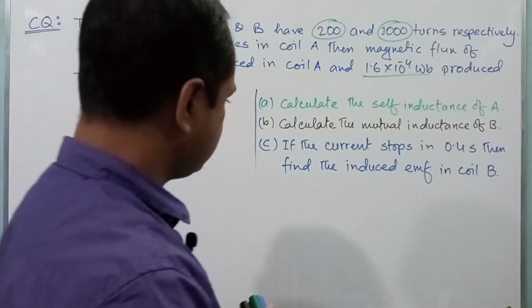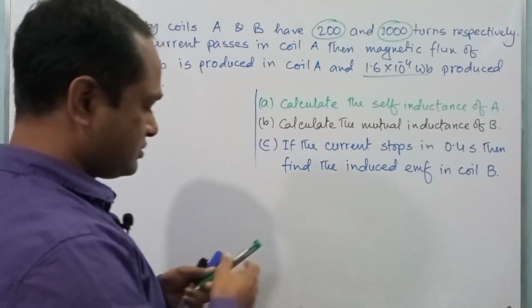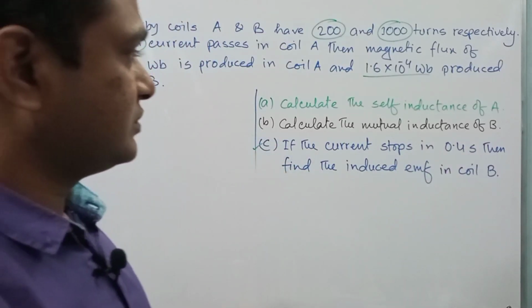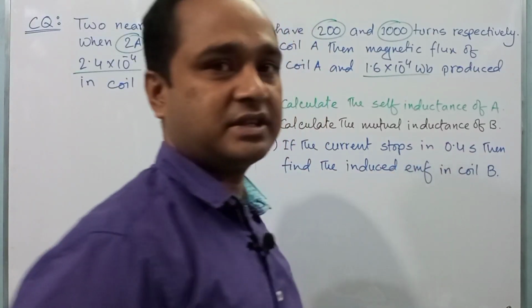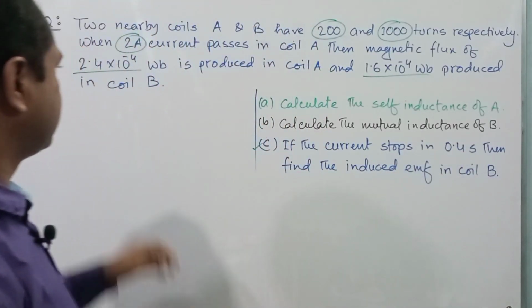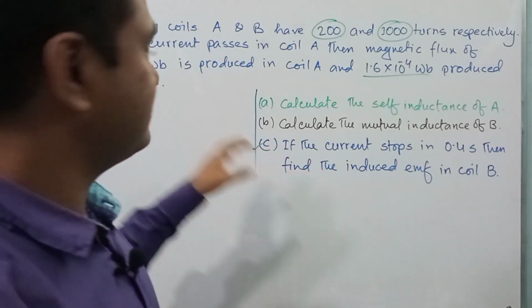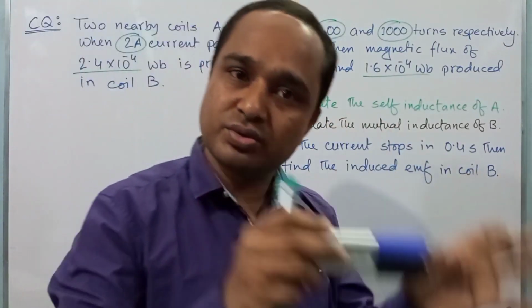Dear student, now we are going to solve our last question. If the current stops in 0.4 second, here the current was 2 ampere, it stops means the current will change from 2 ampere to 0.